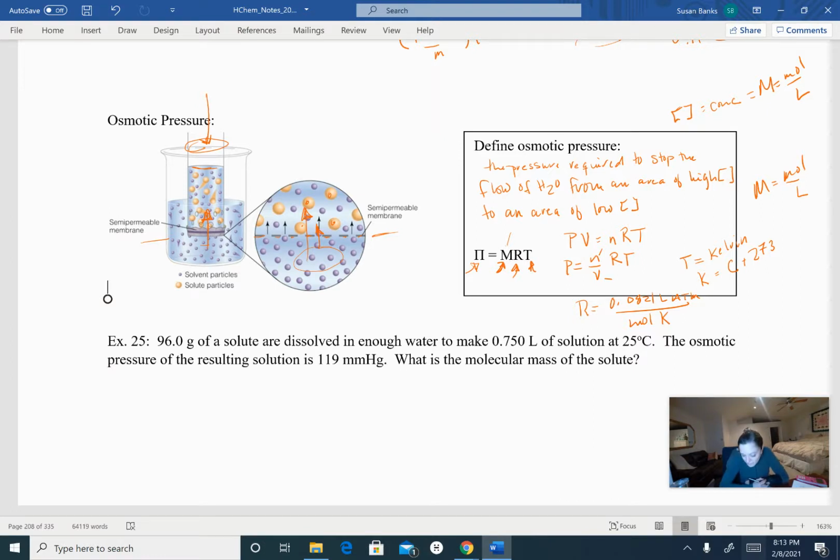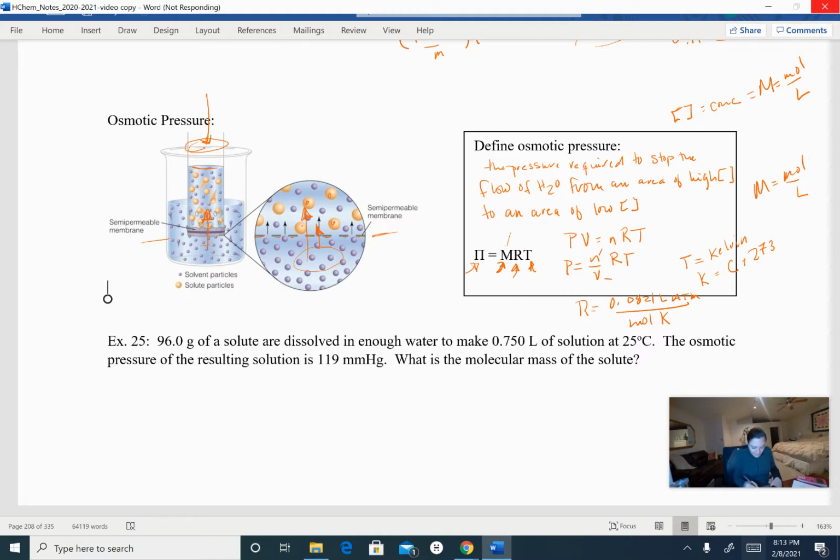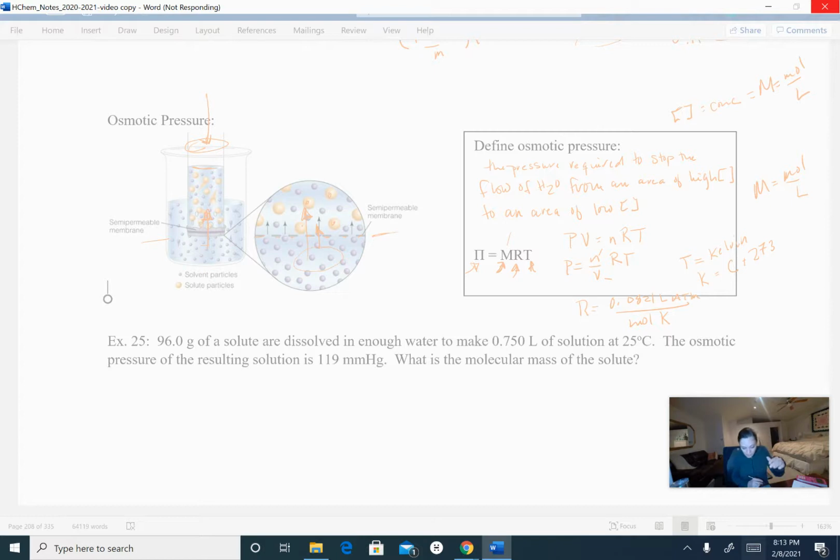A lot of new things I'm throwing at you because we haven't done gas laws, and this is all based on gas laws. So we are taking the pressure that we would have to put on this piston up here to stop that flow of water across that semi-permeable membrane from an area of high concentration to an area of low concentration.